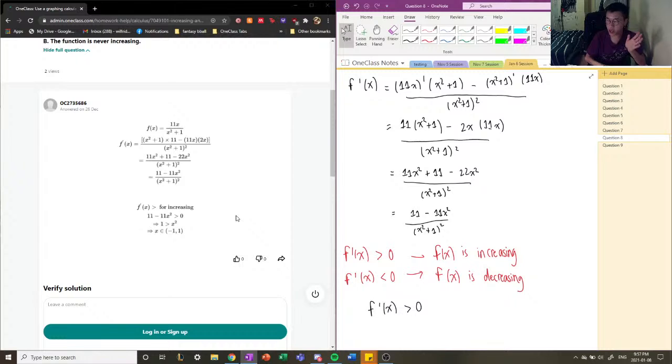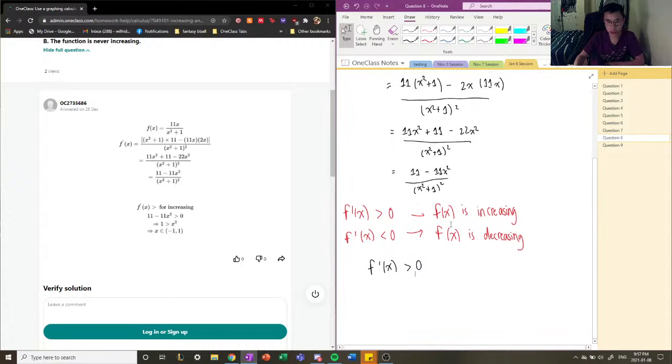But if f prime of x is greater than 0 on some interval, then we know that it's increasing on that interval, okay? So looking at our function here, we don't need to evaluate the denominator, because the denominator is always going to be positive, right? So all we need to do is find when 11 minus 11x squared is greater than 0.